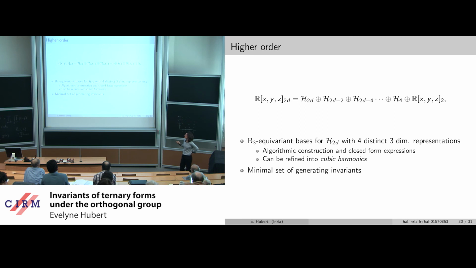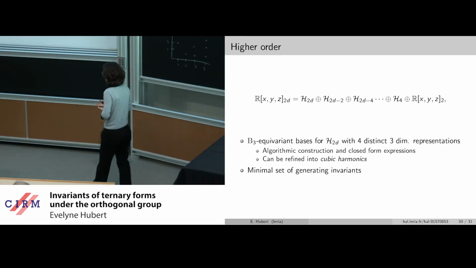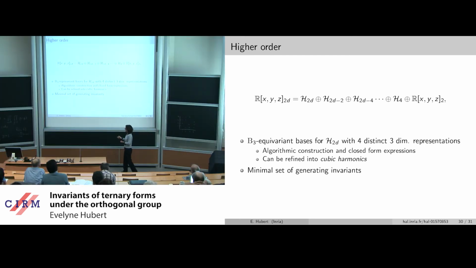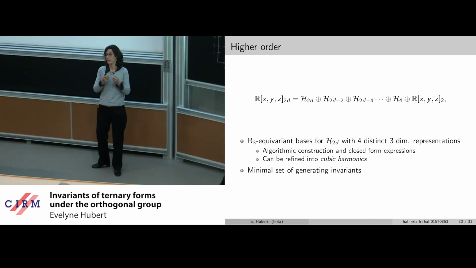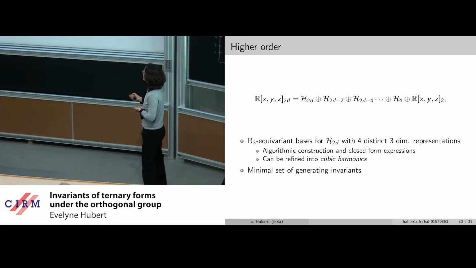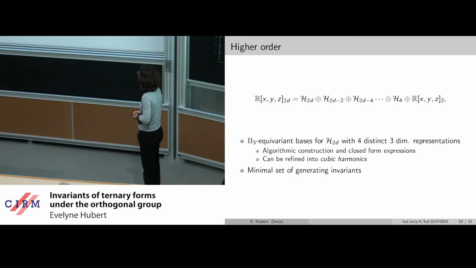Well, the result is that first you do this harmonic decomposition, and here the big result is a new set of bases for the harmonic polynomials, which are B-free friendly in the sense that my R, S, and T are. This is a construction for all D, we can construct these bases. It's fairly explicit, there are even closed form formulas that I'm not going to present.